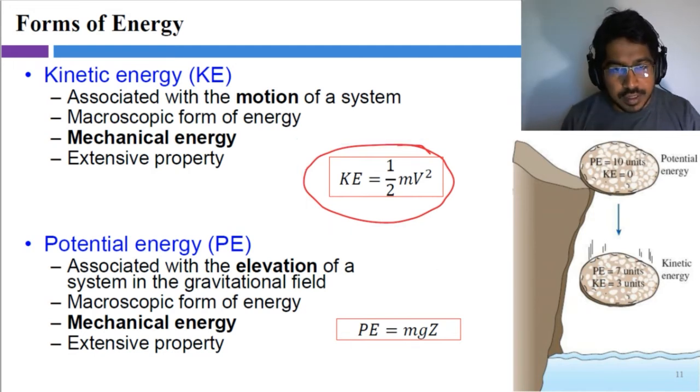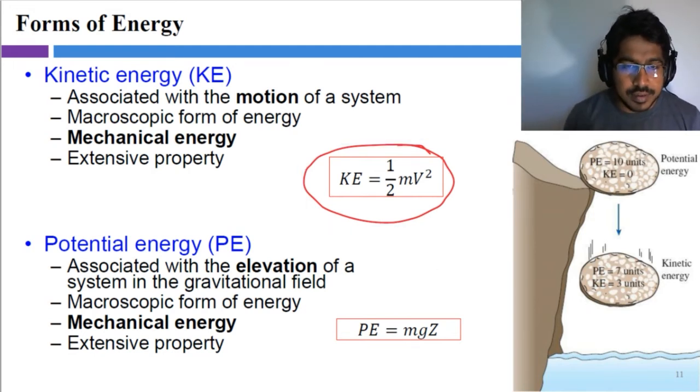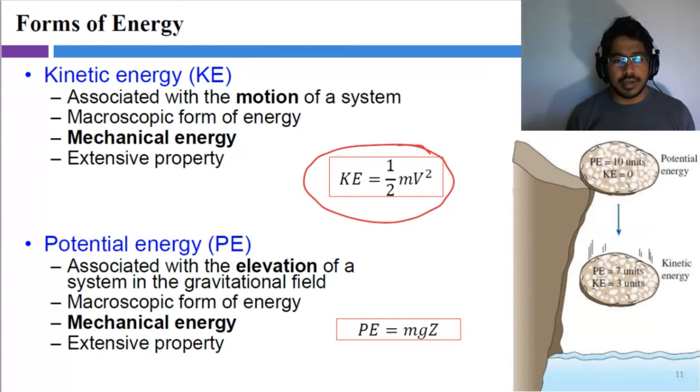So kinetic energy is 1 over 2 times the mass of the system that we are talking about. In the example of your car, it's the mass of your car, maybe 1500 kilograms, and V is going to be the speed of your car, so it's going to be 100 kilometers per hour.